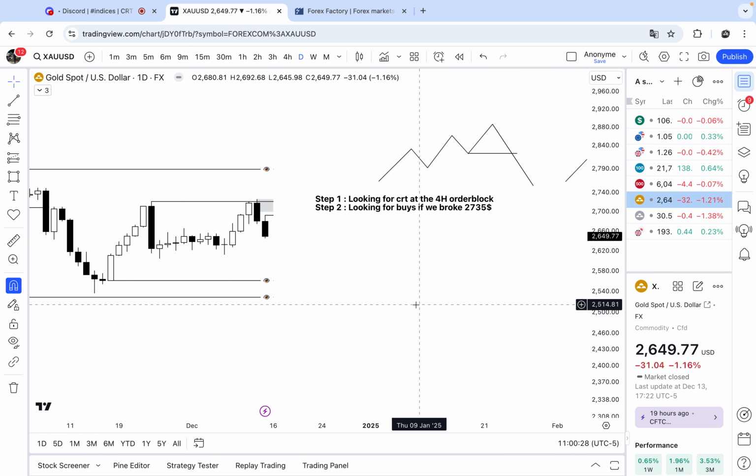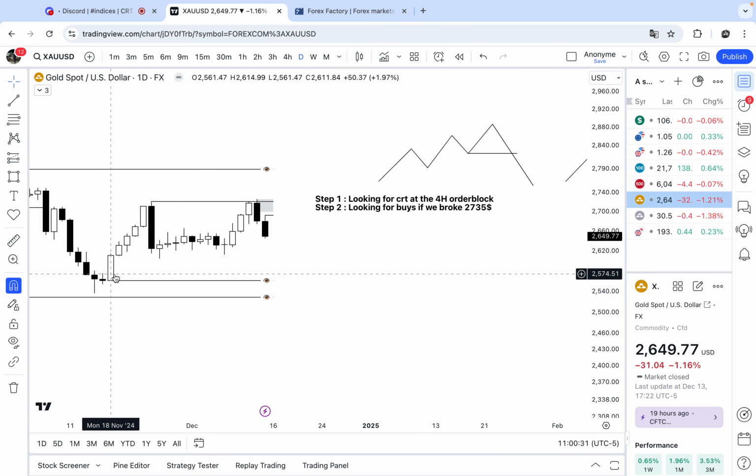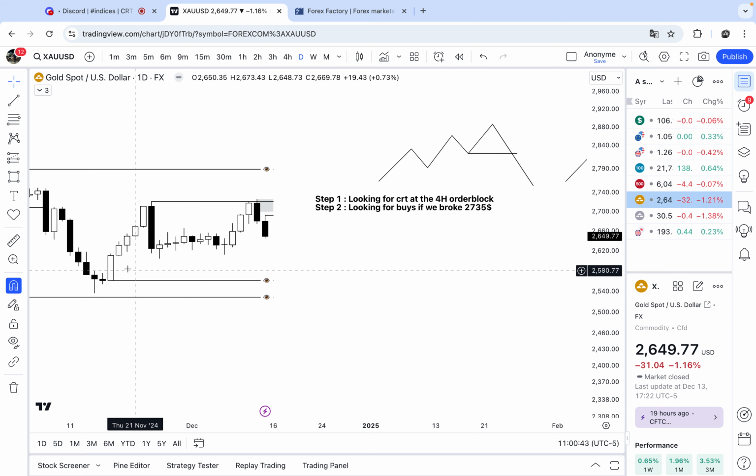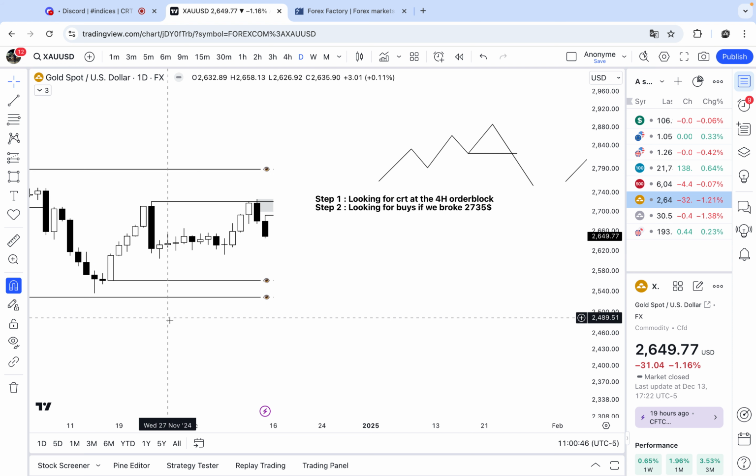For example, this fair value gap, I don't think is gonna get respected. Why? Because look what we have on the weekly right under it. This is a way stronger magnet than this daily fair value gap.